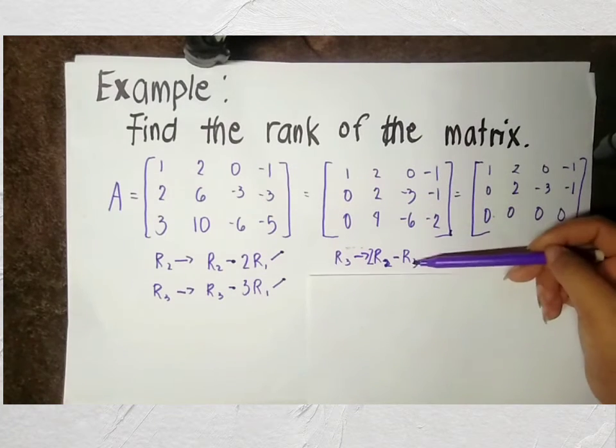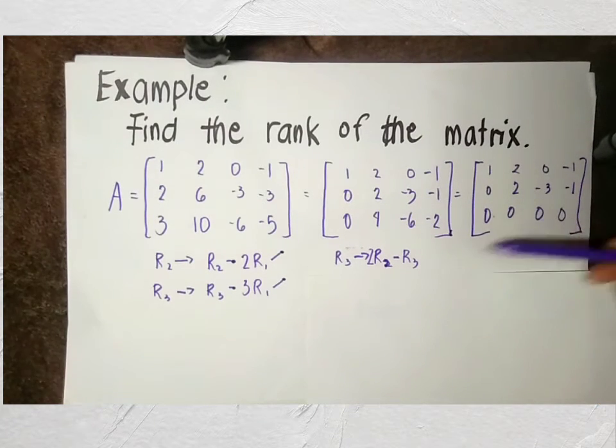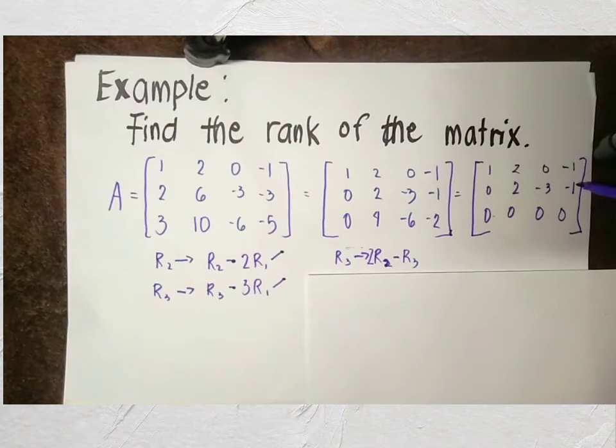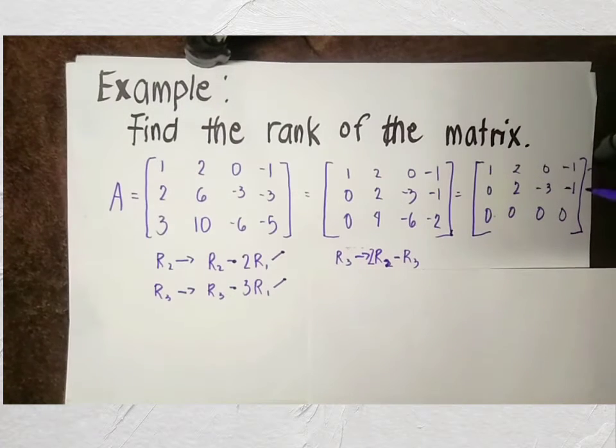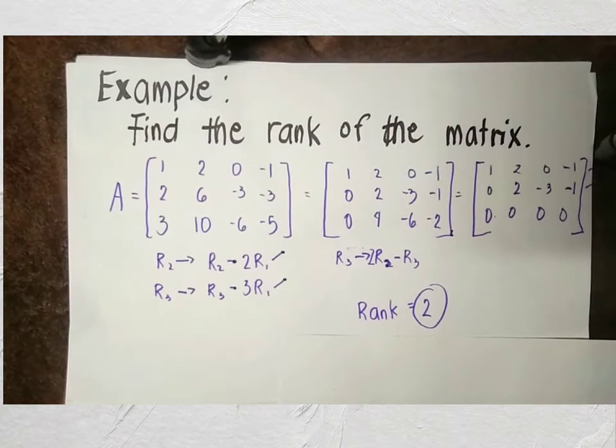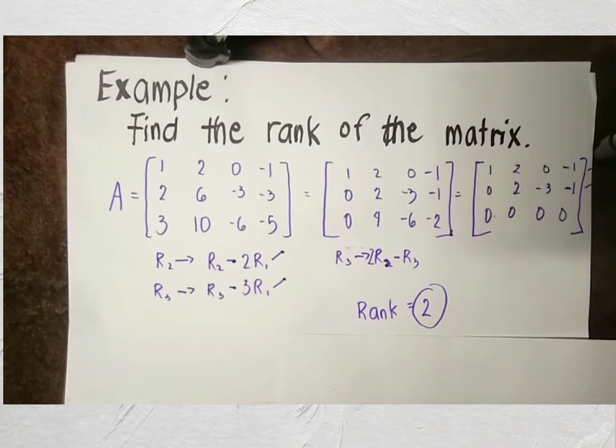Negative 6 minus negative 6 is 0. So all entries in the third row are 0. Now, we have two non-zero rows, which are the first row and the second row. And the number of non-zero rows is equivalent to the rank. So our rank is equal to 2.